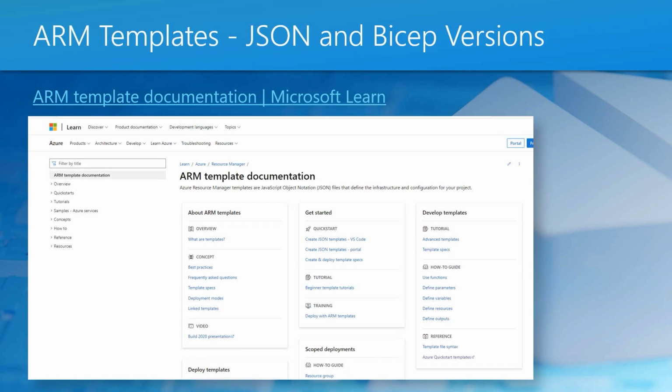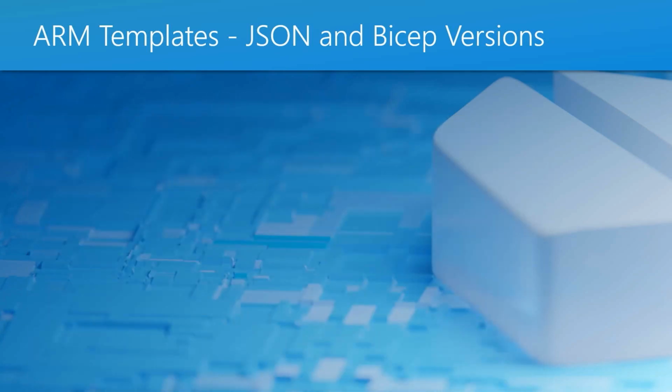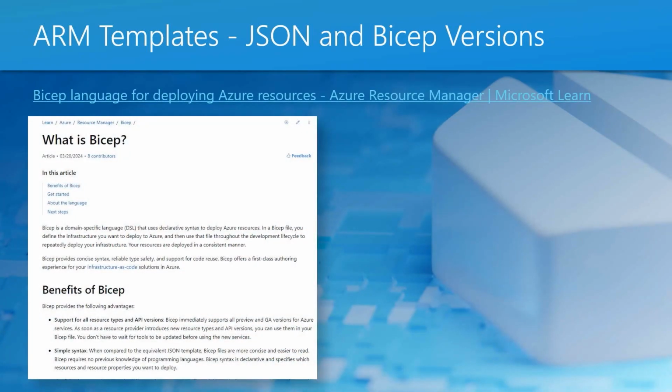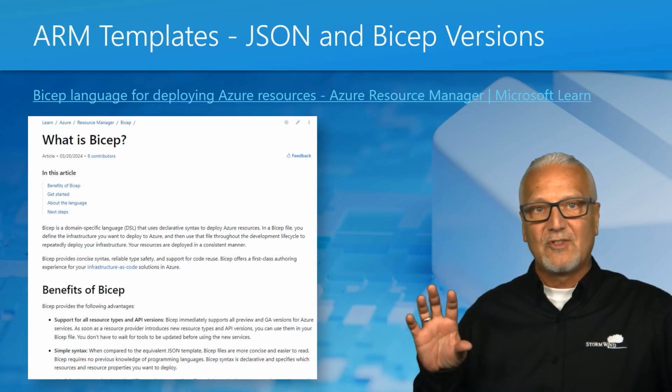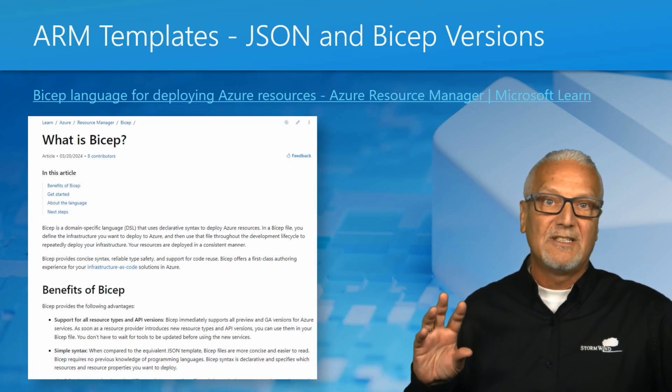You'll definitely want to become familiar with ARM templates. ARM templates are JSON files, written in JSON, JavaScript Object Notation. For some reason, people were like, oh man, it's so hard to read. So some people over at Microsoft, I believe, developed an awesome language, which is essentially an abstraction from the JSON templates.